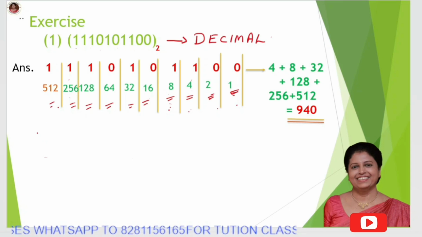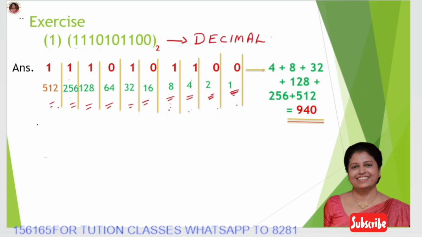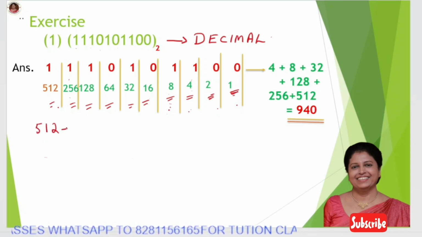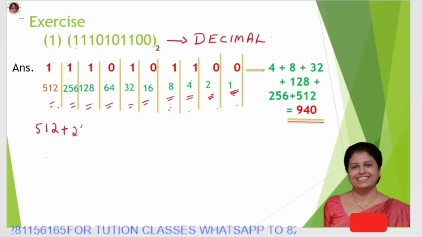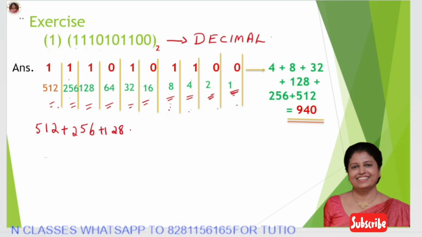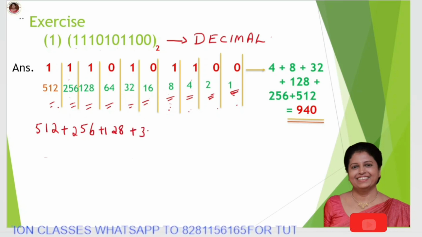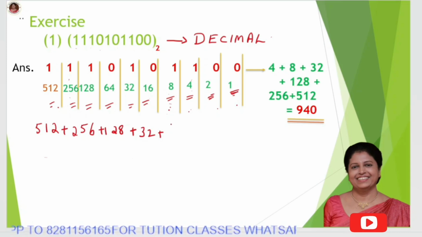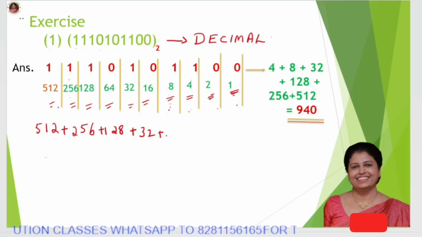Then you can write these numbers. This is 1 times 512, so 512 plus 256 plus 128 plus 0, here it is 1, that is 32, plus again 0.